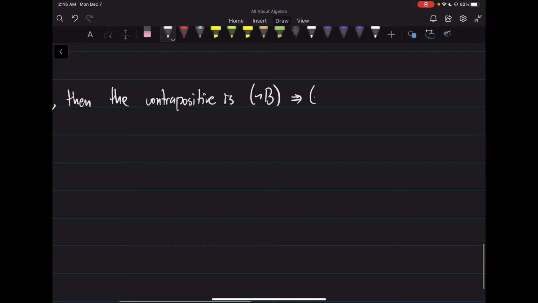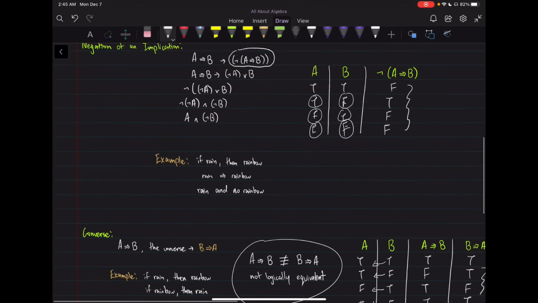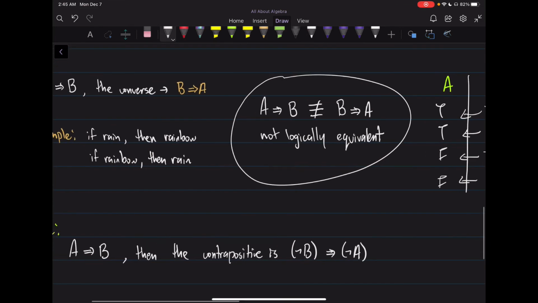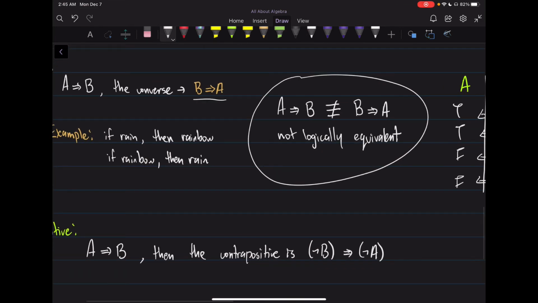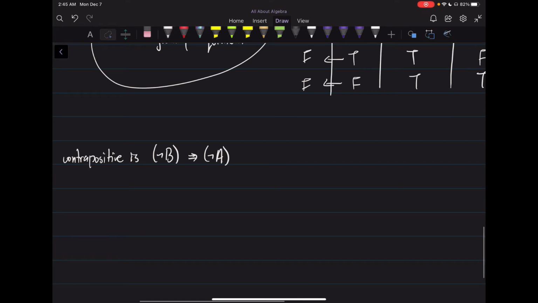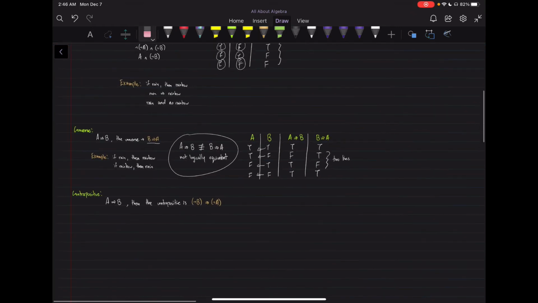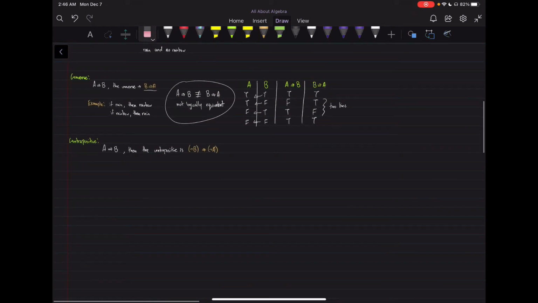It's similar to negating both your statements and putting them as the converse. So here we had B implies A. Now we have negation B implies negation A. They're a little bit different. Because now you negate it.